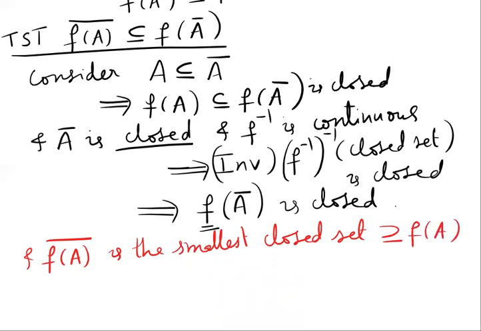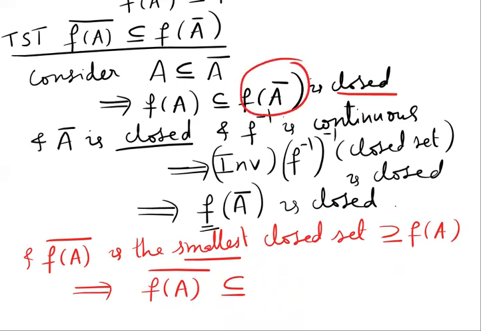Now combine these two. You have one closed set containing f of A, and we have the smallest closed set containing f of A. So that implies the smallest one is contained in this closed set. This is what we had to prove, and we got it.